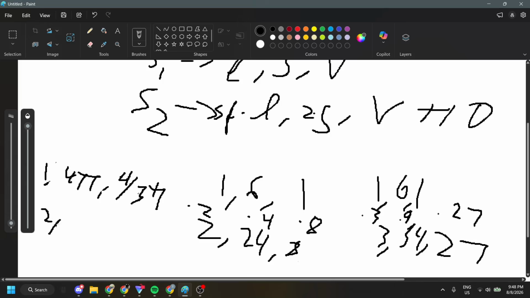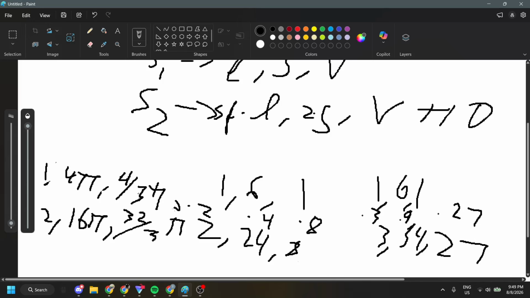And if we change this to 2, surface area is 4 pi r squared, so this changes from 4 pi to 16 pi. And then the volume, 4/3 pi times 8, becomes 32/3 pi.